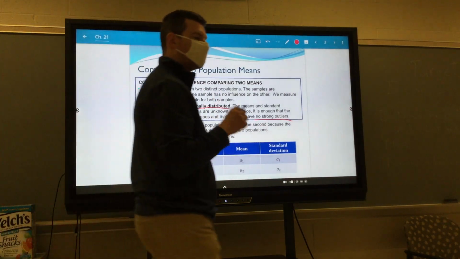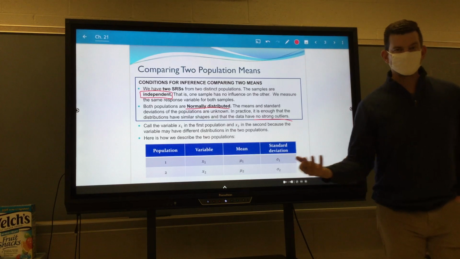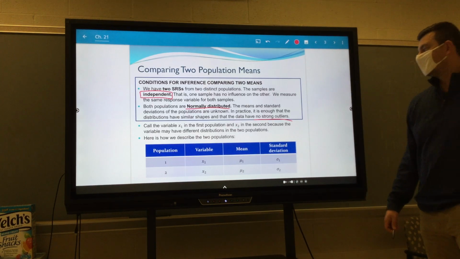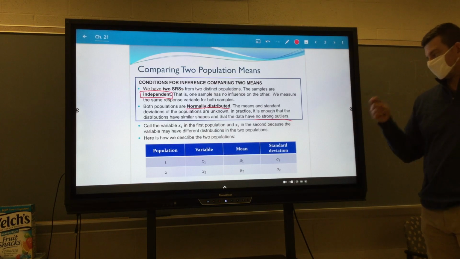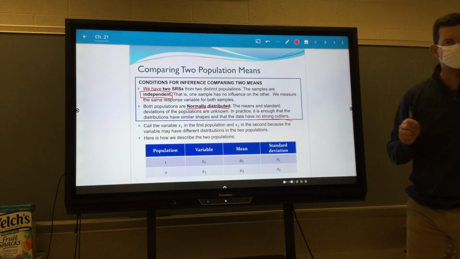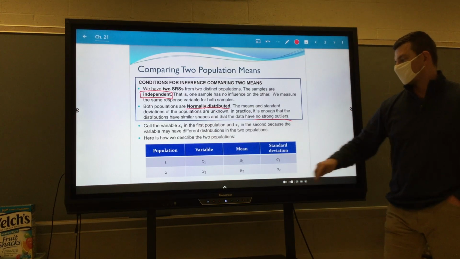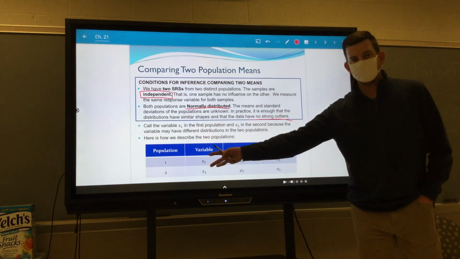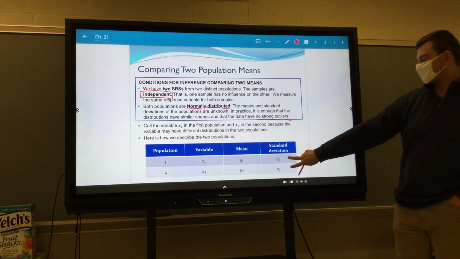And if we do have the presence of outliers, the bigger the sample size, the better. Now, we're comparing two different populations to one another, and each population is going to have some statistics that we're trying to find. Okay? It has its own variable, x, but it has its own mean and its own standard deviation.